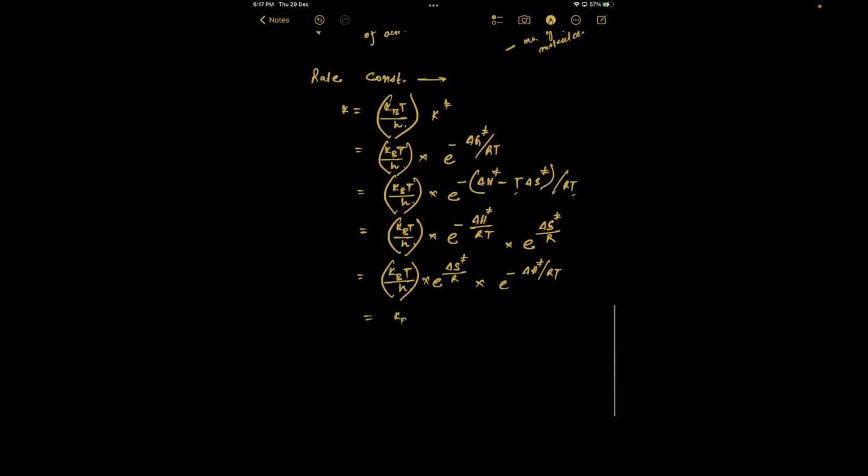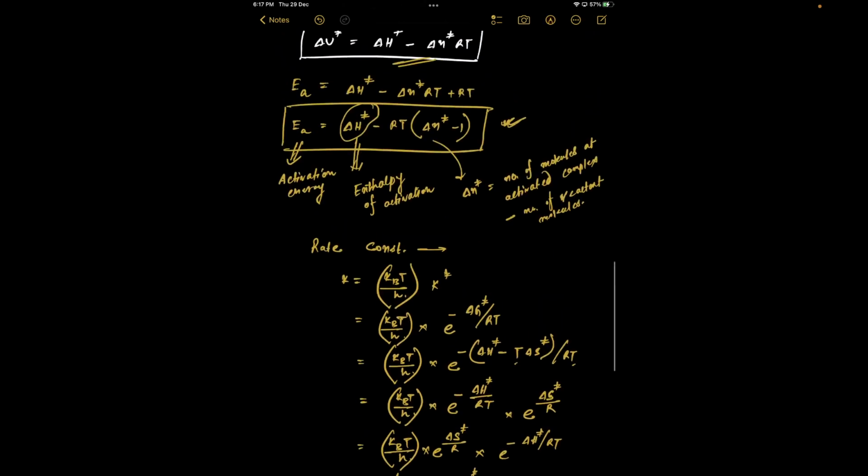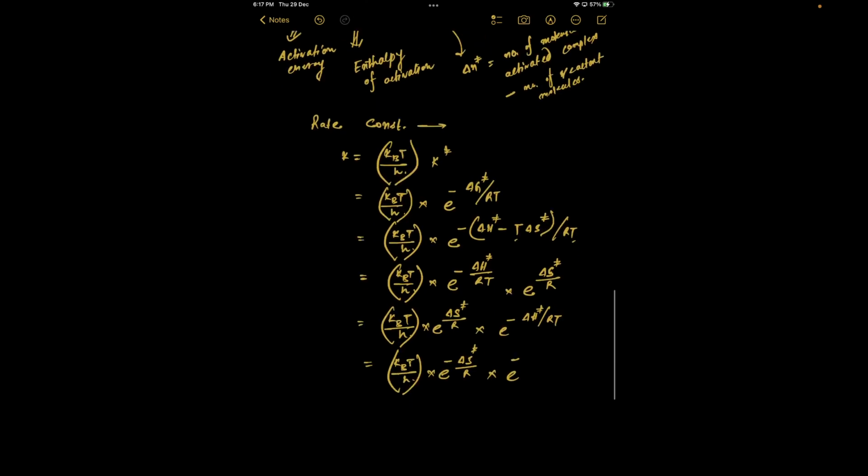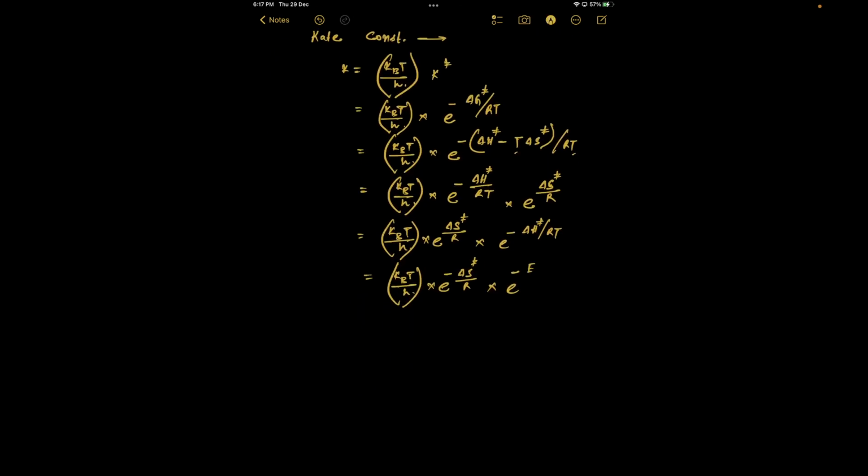From this equation it will be EA plus RT times delta N double dagger minus 1, divided by RT.